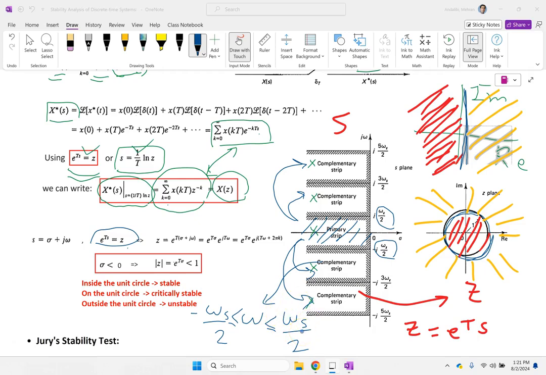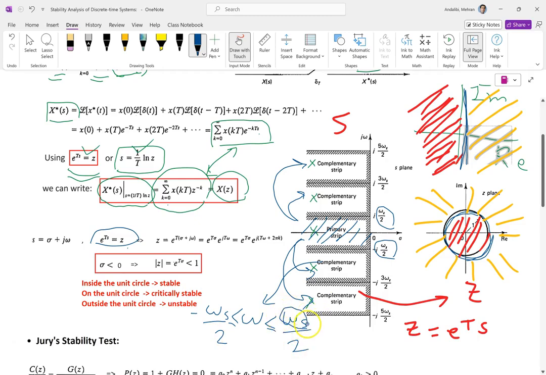And you know that if you don't want any problem with the sampling, any aliasing, your maximum frequency omega should be less than or equal to what? Omega s over 2, or you can say that your sampling frequency should be at least twice as high as the maximum frequency in the system. That is called the Shannon-Nyquist sampling theorem.